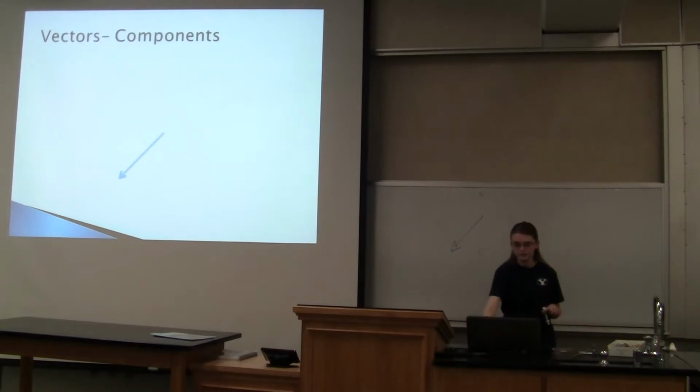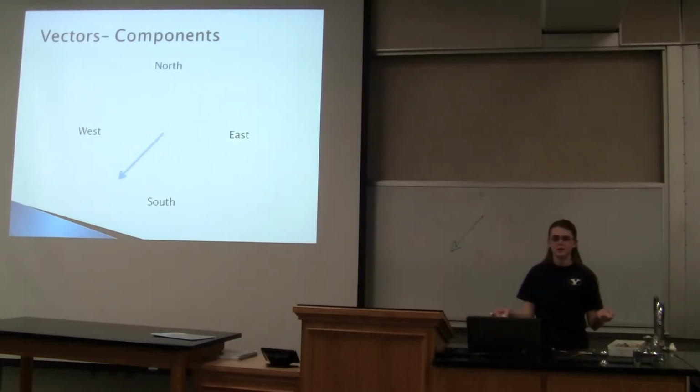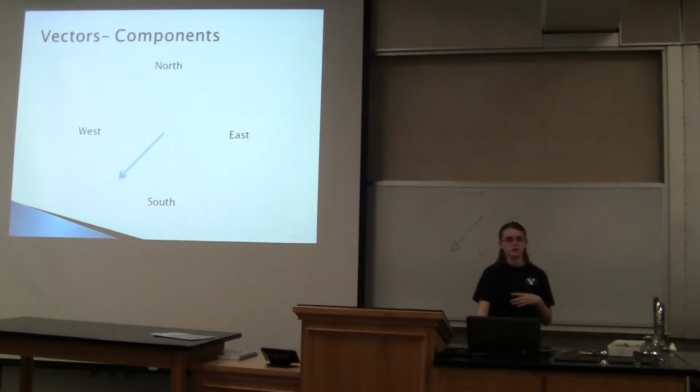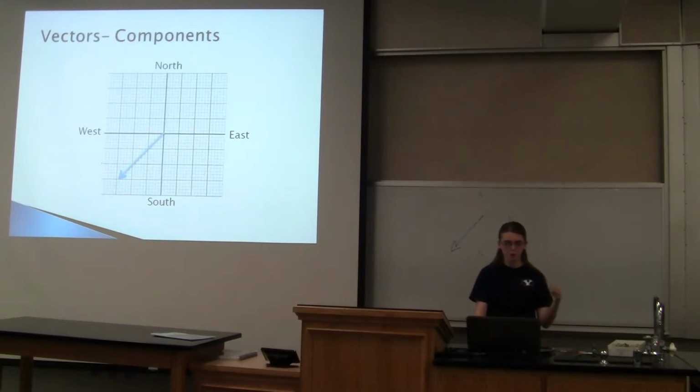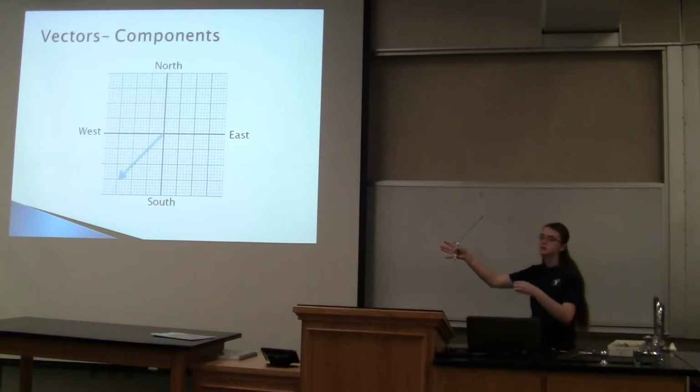Okay, awesome. What else could be helpful? It's still kind of ambiguous on how much more south than west we're going. Okay, some kind of a grid system, some kind of a coordinate system, right? That would kind of help us. Now we can see, am I closer towards the south end? Am I closer towards the west end?